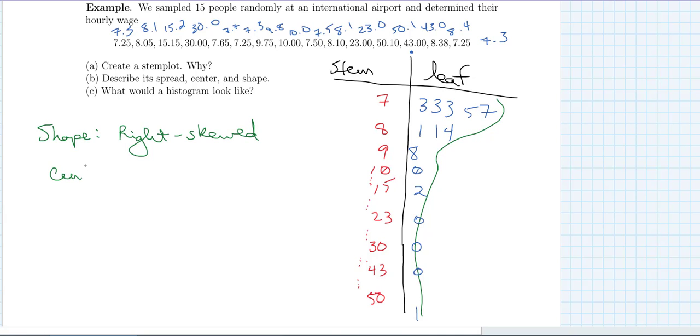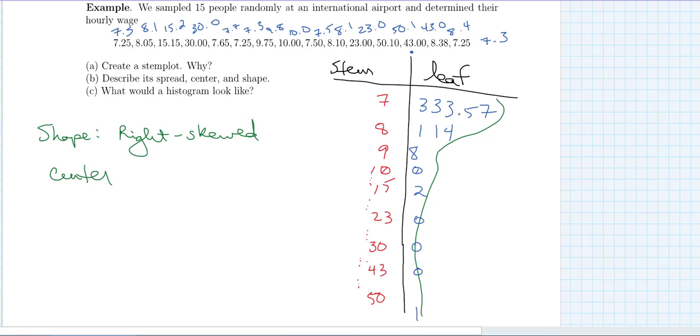Alright, so our center. So what is our center? Well, you just want to count the data after they've been put in order. So it's 15. So what is mid 15? It's approximately 7.5, right?